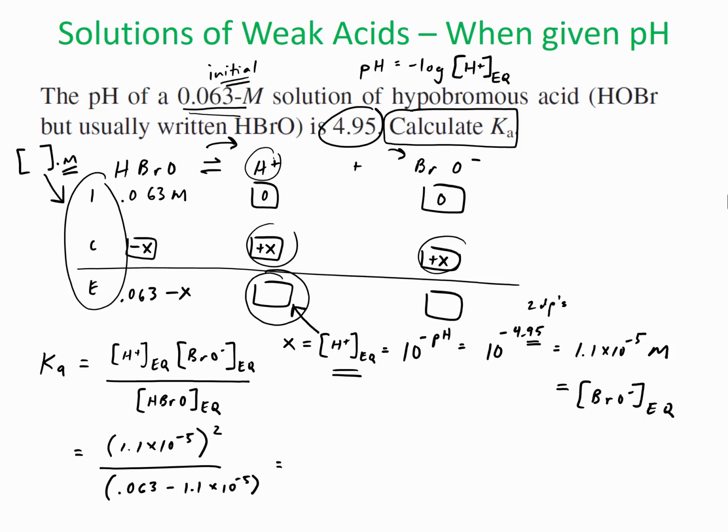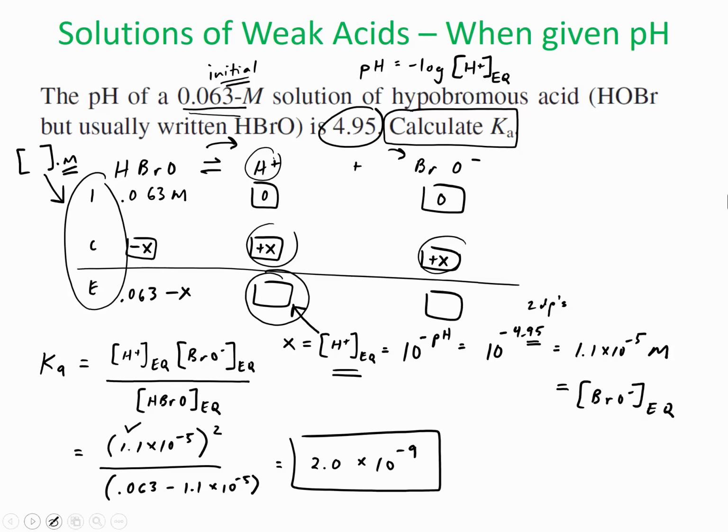We enter this in our calculator, and you should have 2 sig figs. I get 1.99 something times 10 to the negative 9th, unitless as Kas and Kbs are. So that's that problem.